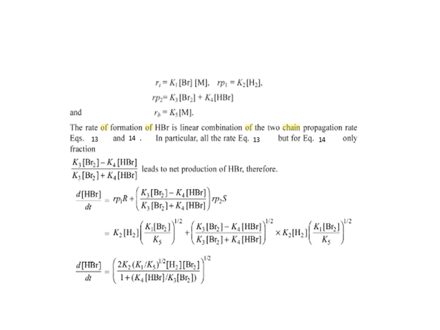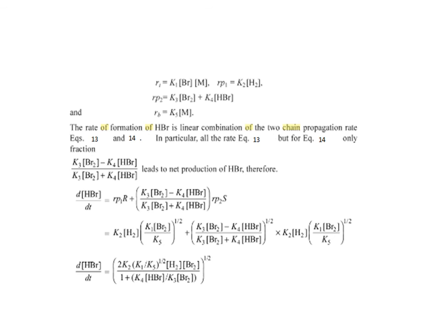The rate of formation of HBr is a linear combination of the two chain propagation rates. Equations 13 and 14 in particular are the rate equations.